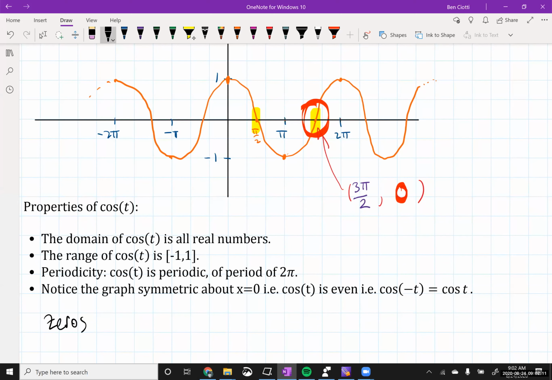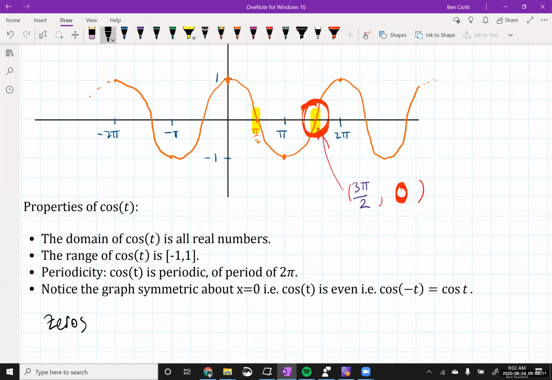Cool. So that does this one. Any questions on this? How about here? Let's do a practice question. I like sort of challenging you to keep track of the points.